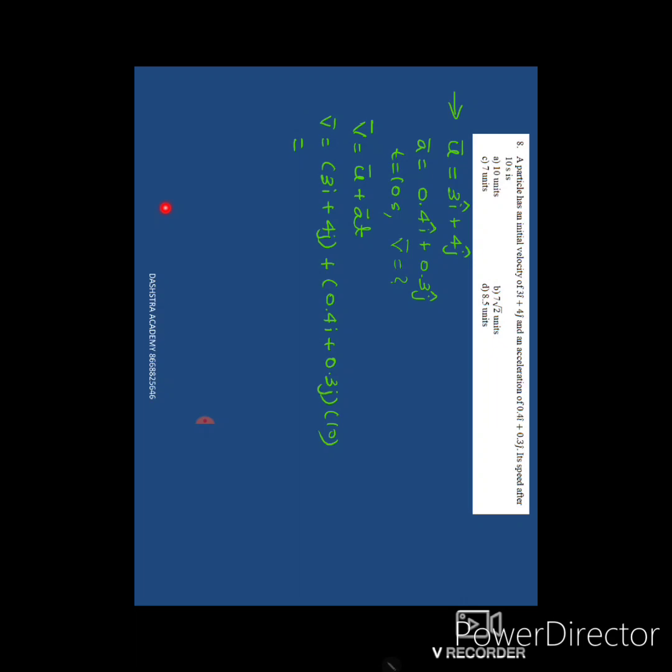After the calculation, this will become 10 into 0.4 is 4, plus 3, that is 7i, plus 10 into 0.3 is 3, plus 4, that is 7j. Therefore the magnitude of velocity will be equal to under root of 7 square plus 7 square, that is 7 root 2 units. So option B should be correct.